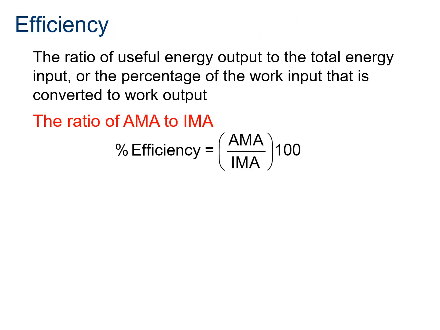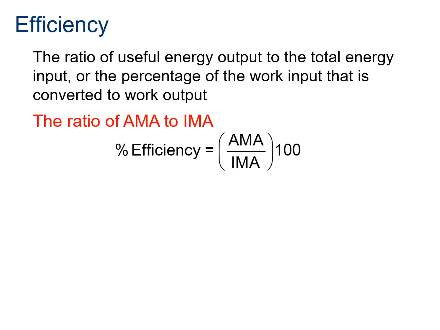Once we've determined the ideal mechanical advantage and the actual mechanical advantage, we can use this information to calculate the efficiency. The efficiency is the ratio of useful energy output to the total energy input, or the percentage of the work input that is converted to work output. The equation that we use for this is we're calculating a percentage.